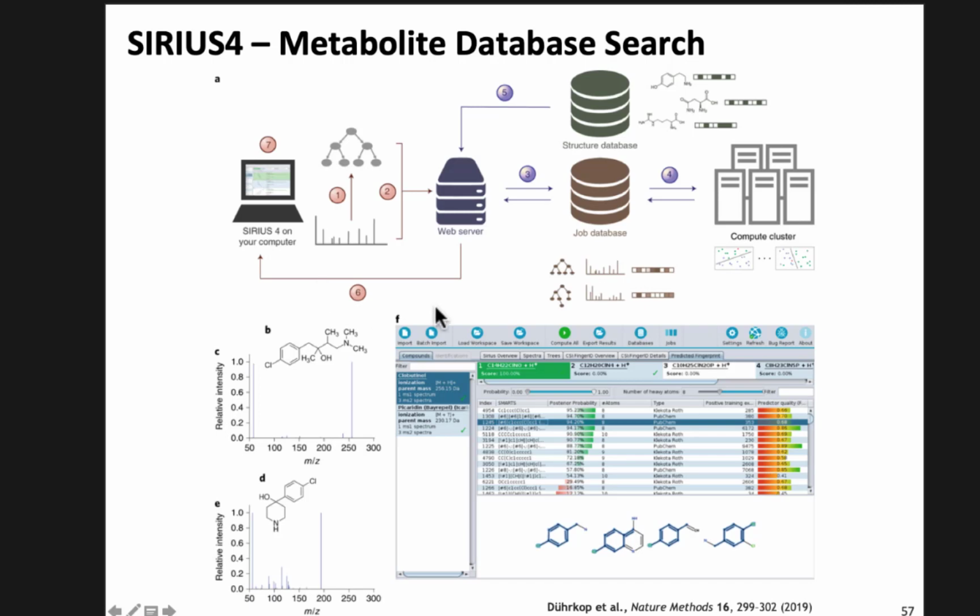So you start with a spectrum on your own computer, because computing these trees takes a while. You compute these trees, send them to a web server, and that has a structured database. There's a machine learning component in the background that tries to make these predictions. And they do that on a reasonably large compute cluster and push back the result of this computation.